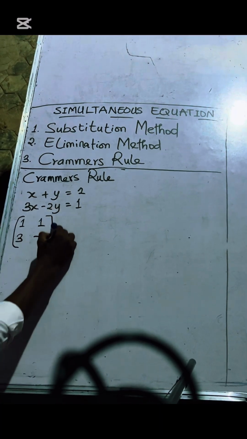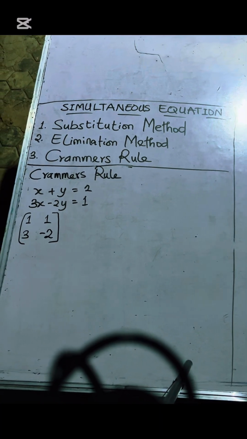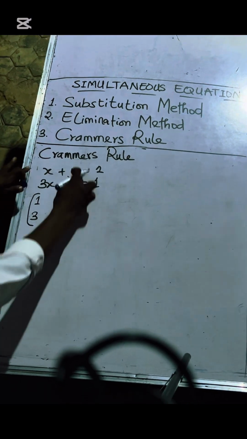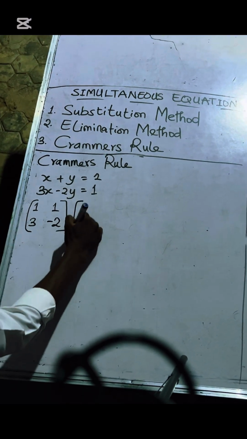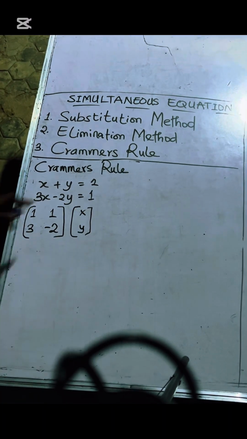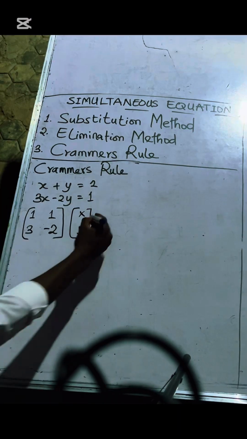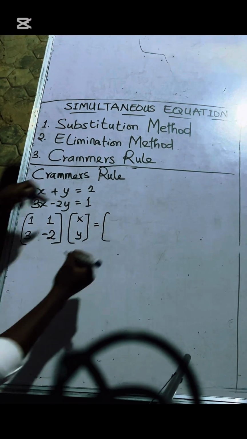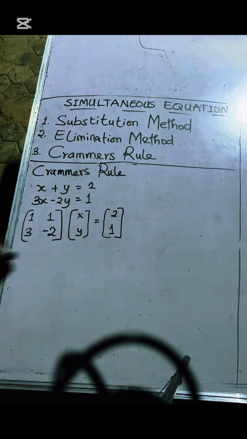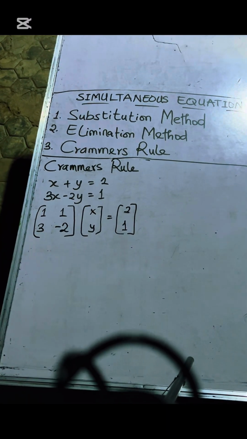Minus 2. This is my matrix format for this particular space. Now I'll create another space for x and y. This is my x and y, the two variables, and then they will be equated to what we have here, 2 and 1. That is what Cramer's rule requires us to do.